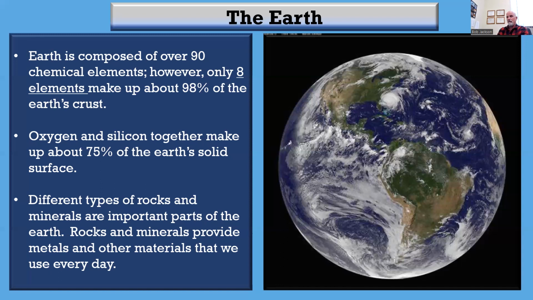But 98% of the Earth's crust is made up of predominantly 8 chemical elements. There's a little bit of all the rest of them, but predominantly 8. And of those 8, I can pick out 2 that make up 75% of everything in the Earth's crust, and that's oxygen and silicon.